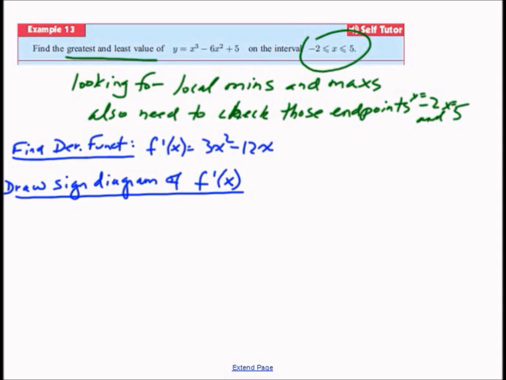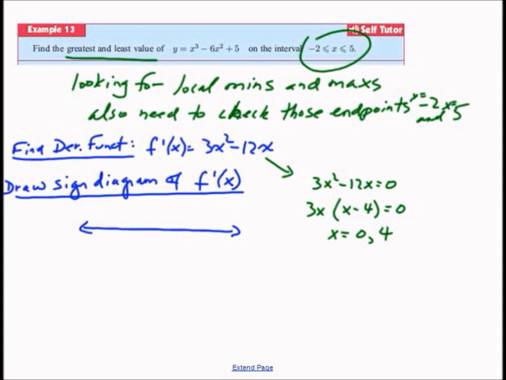We can see them when it's factored, so when this function equals 0, and that's going to occur when x is 0 or when x is 4. So our sign diagram will have these 2 points on it, 0 and 4.